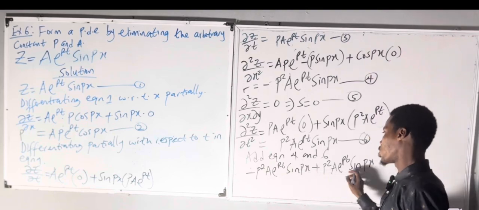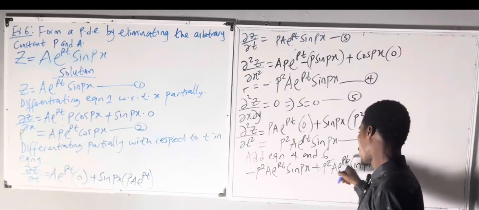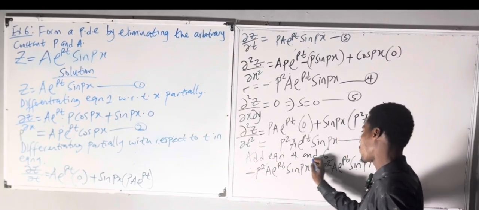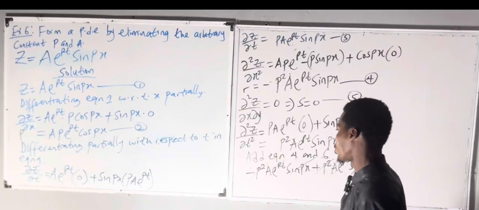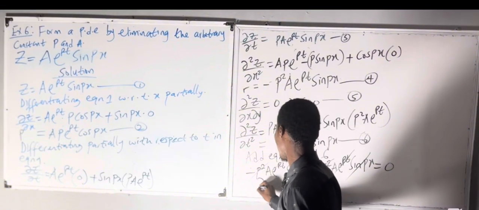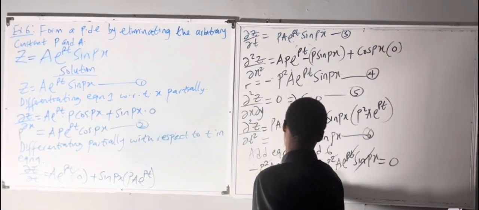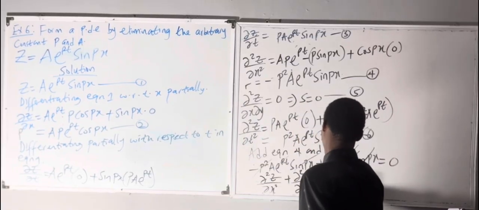If I add this one to this one, minus p square is going to cancel p square. This negative cancels these things, sin ps takes away this one, and this one takes away this one. So my answer will be 0. It means del square z all over del s square plus del square z over del t square is equal to 0.